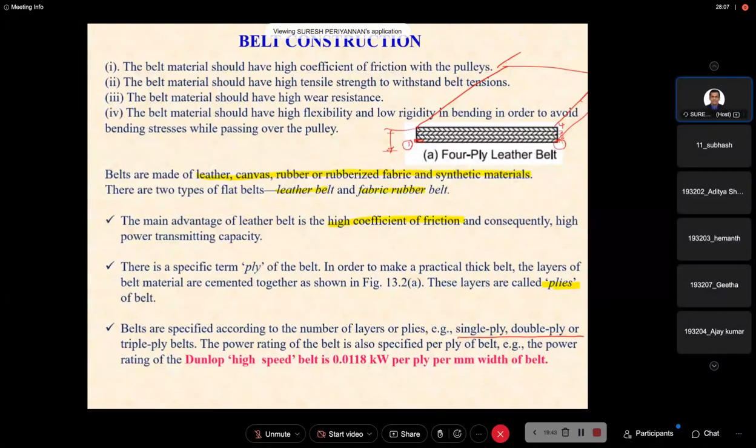In future, when we discuss the power transmission capacity of the belt, we are going to consider this way of notation: power transmission capacity per ply per mm width of the belt. We will discuss that later.